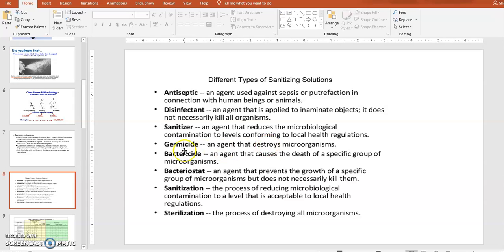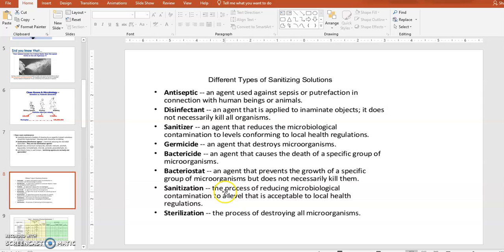Okay, germicide, similar, an agent that destroys microorganisms, but not 100%. Bactericide, same way, killing bacterial cells. Bacteriostat is an agent that prevents the growth of a specific group of microorganisms but does not necessarily kill them. So preventing growth is what these chemicals do.